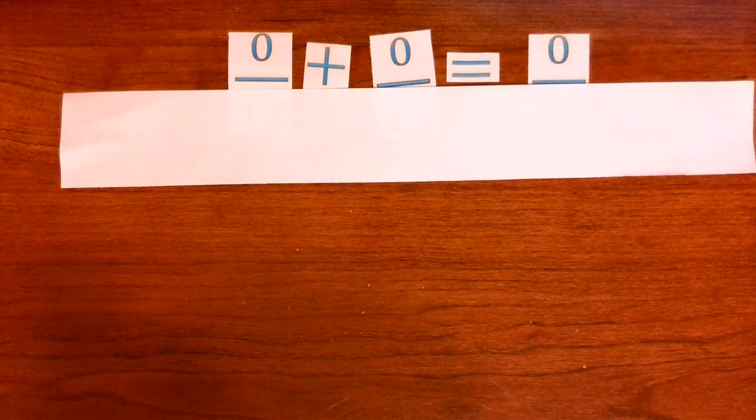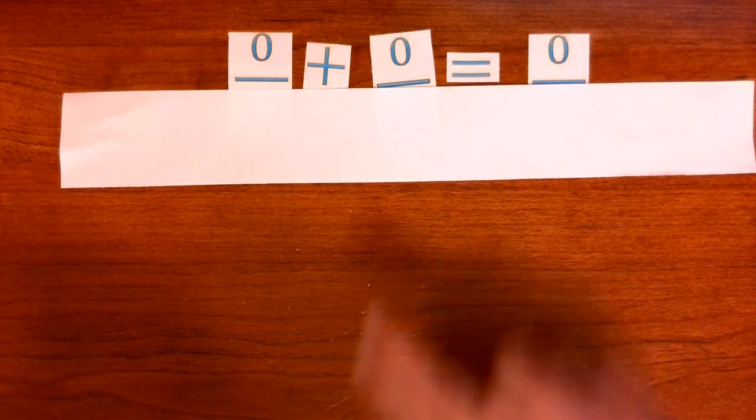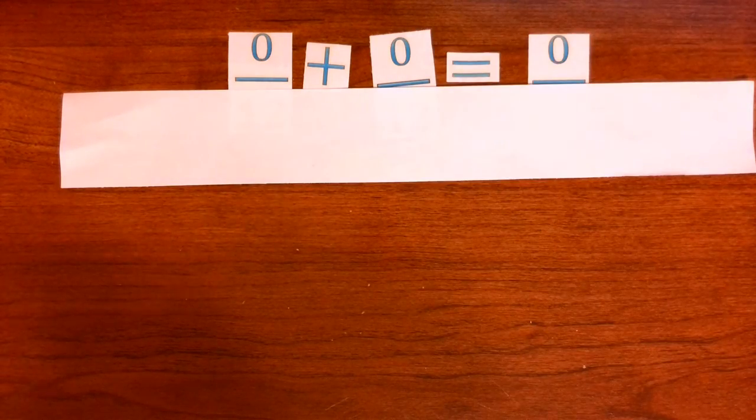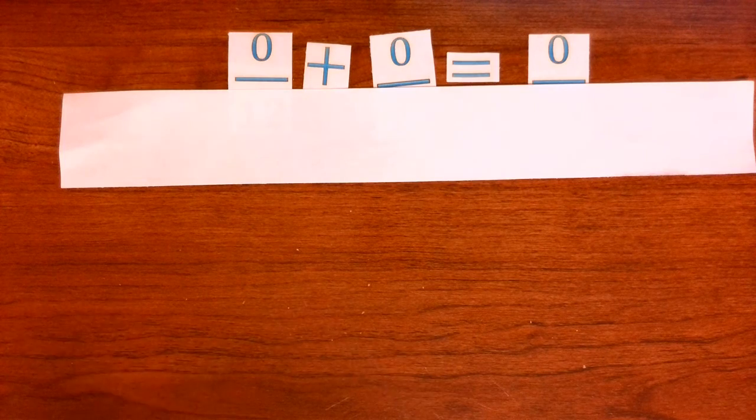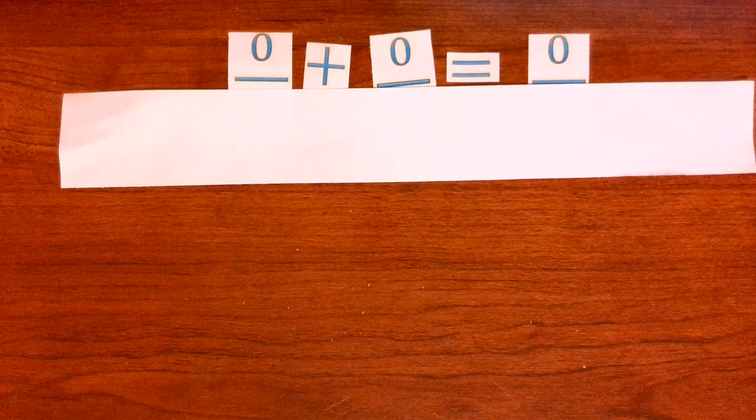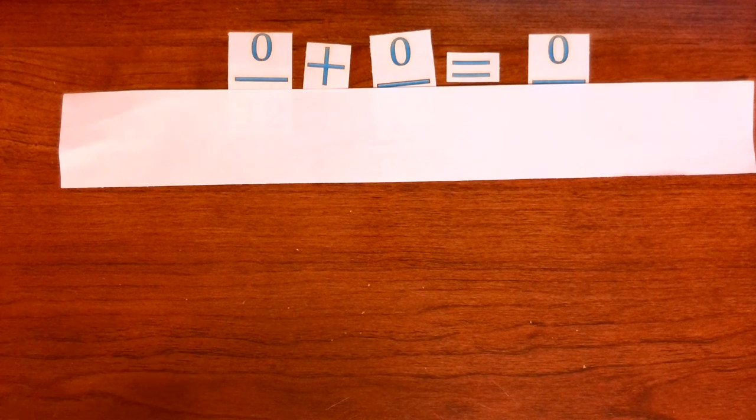Then I would get 0 more. I would get nothing more. I got 0 more. And what is the total? I have nothing. I have no pom-poms. So therefore 0 plus 0 is equal to 0.